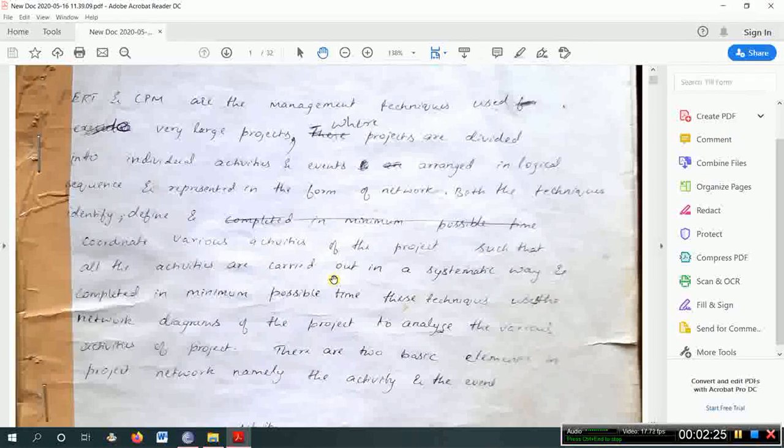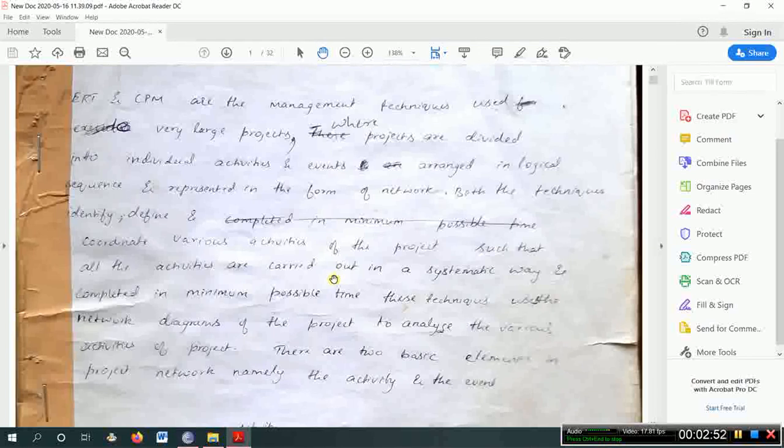After manufacturing, it has to be tested. The testing department is different, and after that comes marketing. Likewise, there are 5 to 6 departments in the completion of a project. Each department is interlinked with the others.